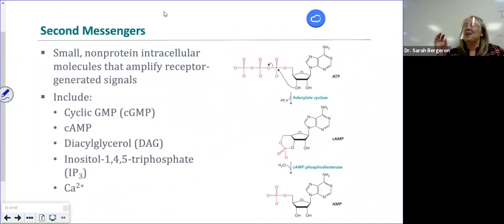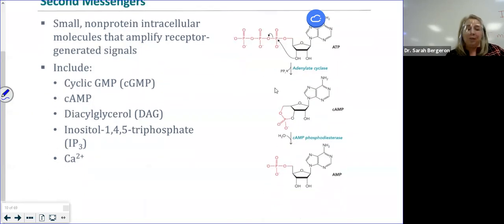All right, so we talked about first messengers. Now we're talking about second messengers. Second messengers are inside the cytosol, and they are there to really amplify signals that were generated at the receptor and take them to the rest of the cell, the interior portion of the cell. There are quite a few different ones.